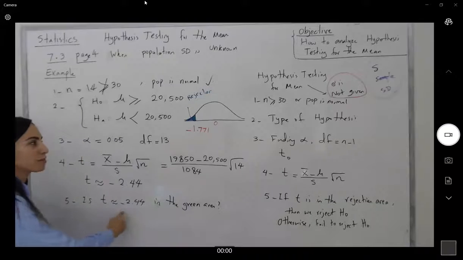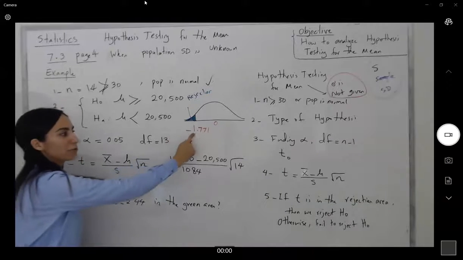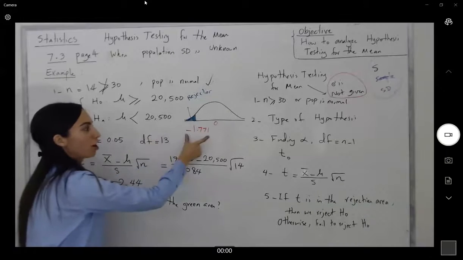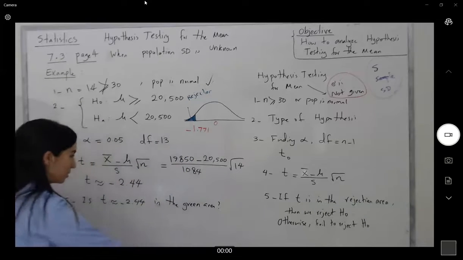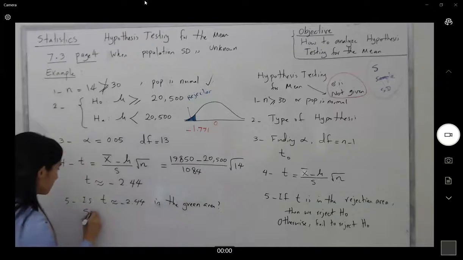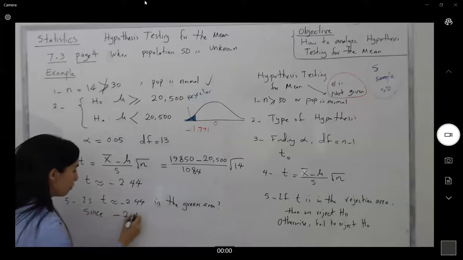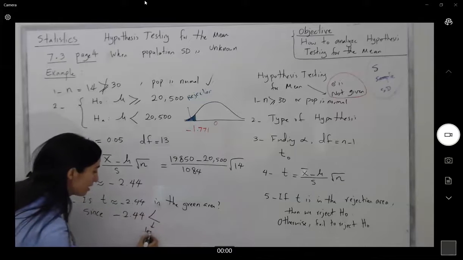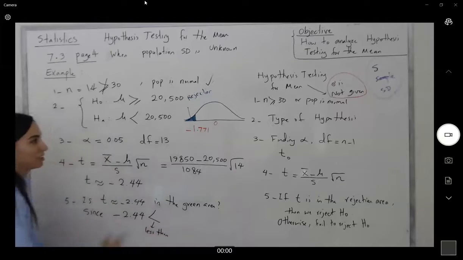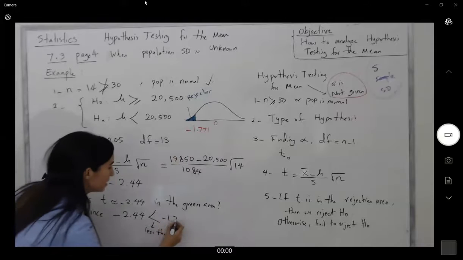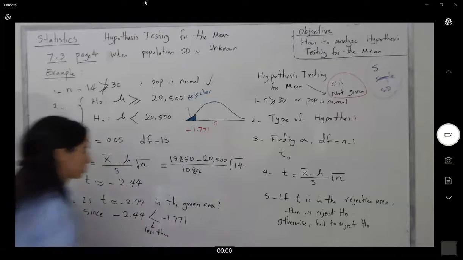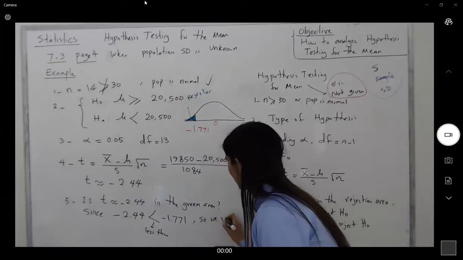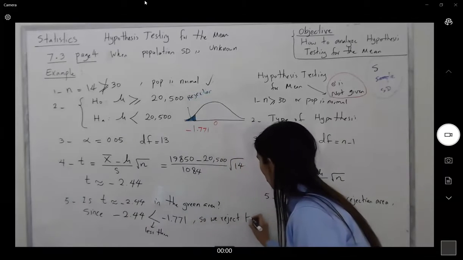Negative 2.44 is less than negative 1.771. It's on the left side of your critical value. Since negative 2.44 is less than negative 1.771, we reject the null hypothesis.